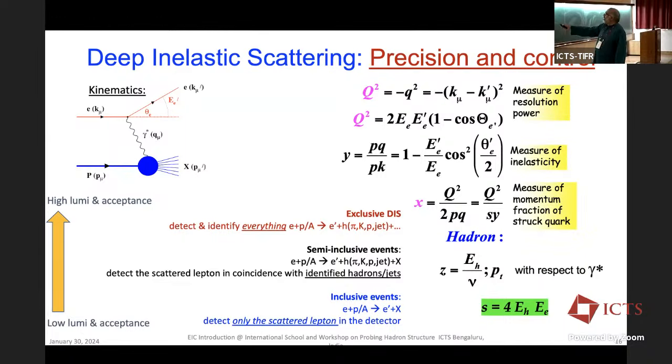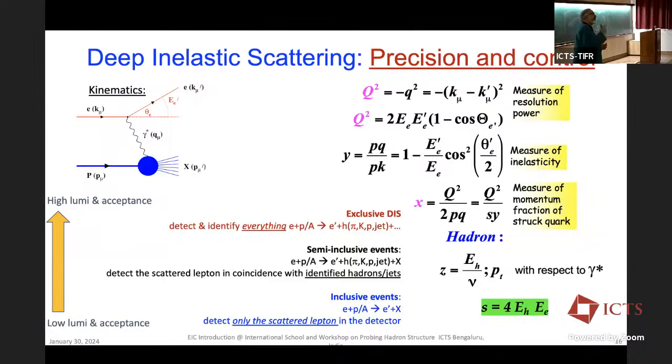We'll not only measure what comes out because the photon hit that quark, but what the remnant was. What was the target remnant? Yeah? So that's another thing that we want to measure in the future, because we understand now there is physics there too. We always knew it, but we didn't know how to measure it.